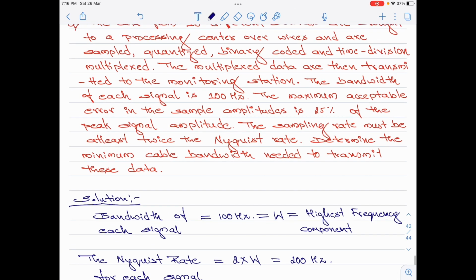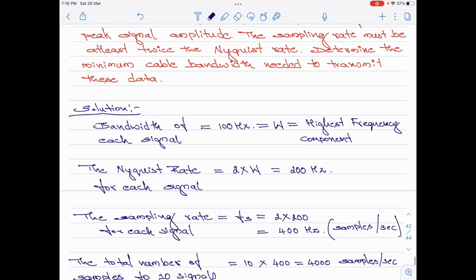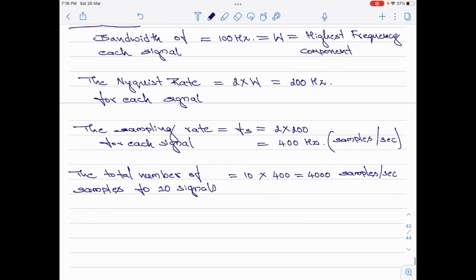Coming back, let us now read this particular sentence where the maximum acceptable error in the sample amplitudes is 25% of the peak signal amplitude. So, I'll start with the equation for the quantization error. For the given system, the quantization error should be less than or equal to 25%, that is 0.25, multiplied by the maximum signal amplitude.